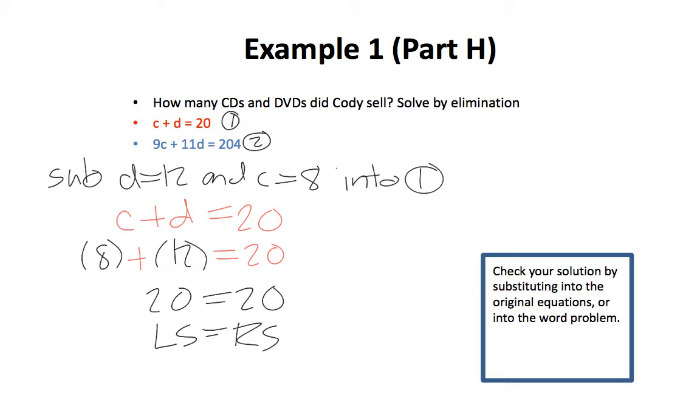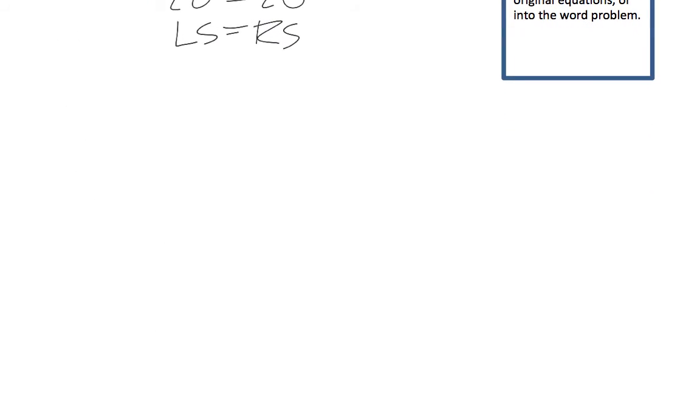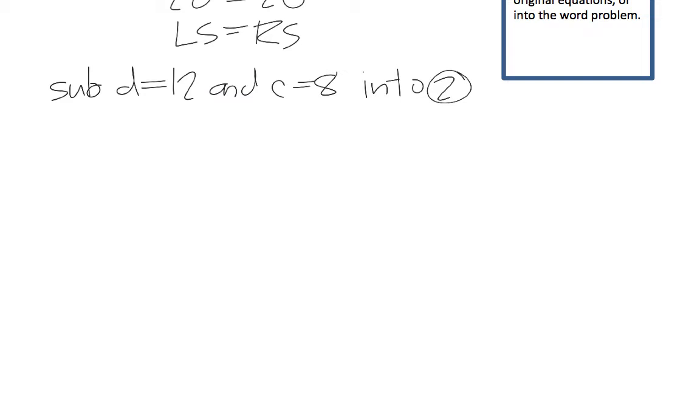I'm going to do the exact same thing for the second equation. I'm going to say sub D is equal to 12 and C is equal to 8 into equation 2. Equation 2 is 9C plus 11D is equal to 204. So instead of writing the C, I'm going to write 8 in brackets.